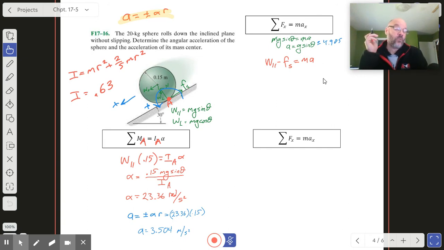So the fact that it rolled detracted or took away from the translational acceleration. So if we had greased the surface and let the thing slide down, it actually would have gone faster than it rolling, which is a little counterintuitive. And hard to do.